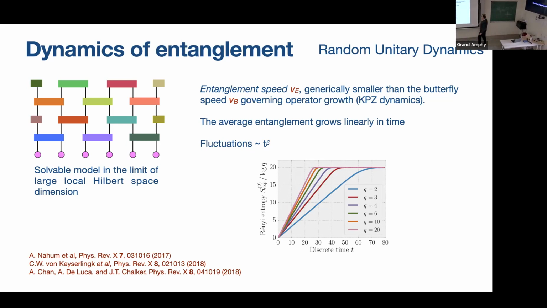Actually, they show that the speed at which entanglement moves is generically smaller than the speed which governs operator growth. I think they coincide in the limit of Q to infinity.